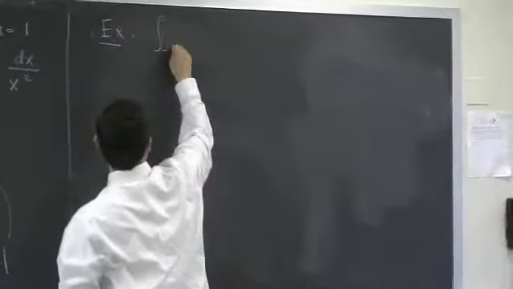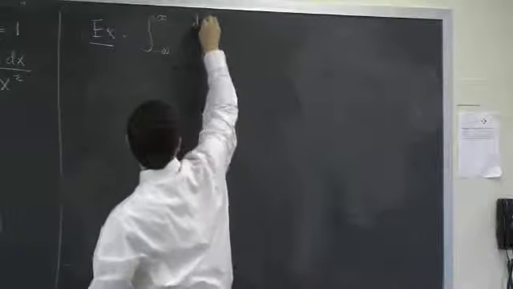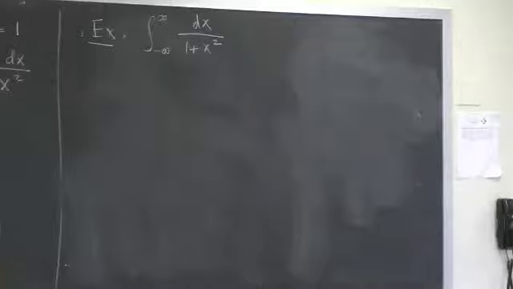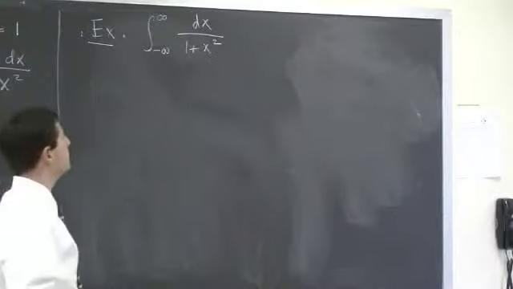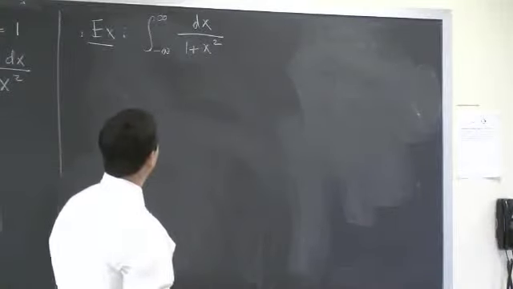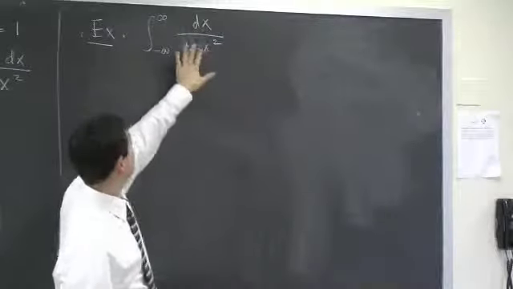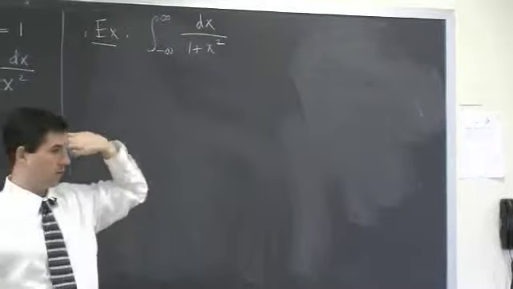Let's integrate from minus infinity to infinity the function dx over 1 plus x squared. Okay, first, we need that the function 1 over 1 plus x squared is continuous on all the real numbers.